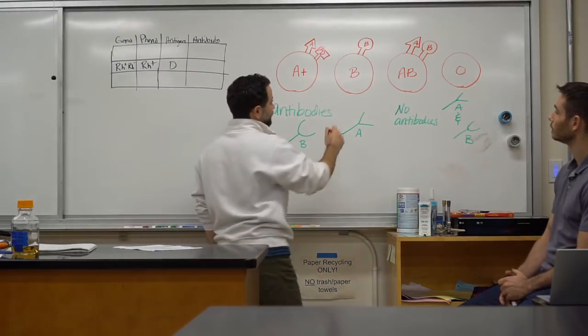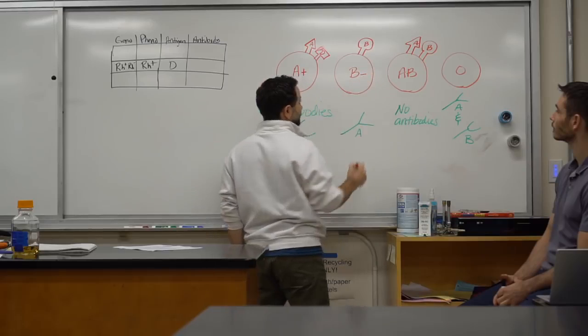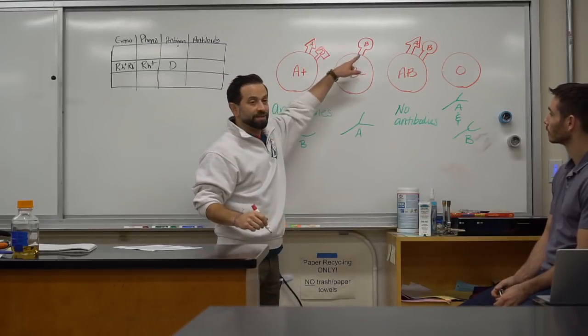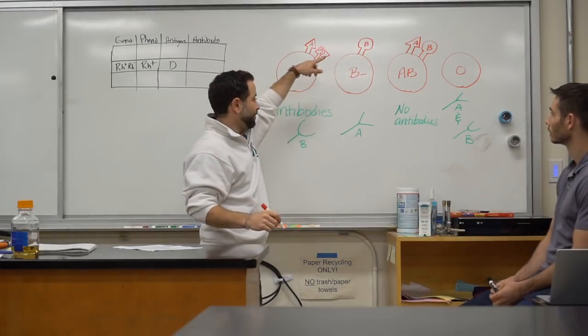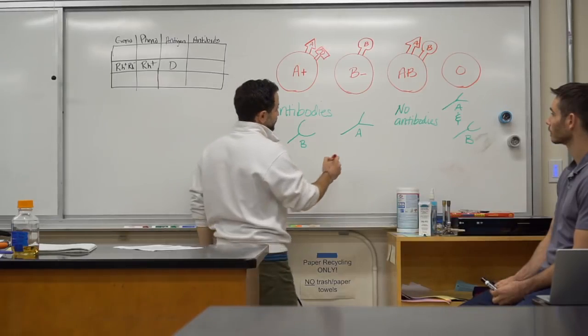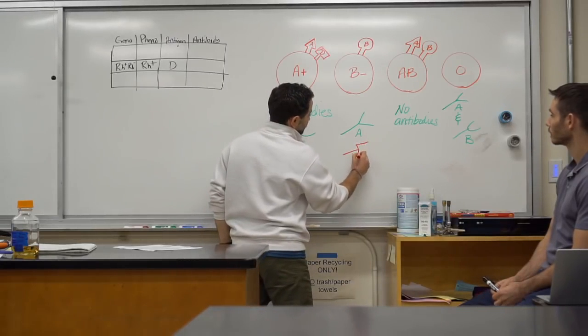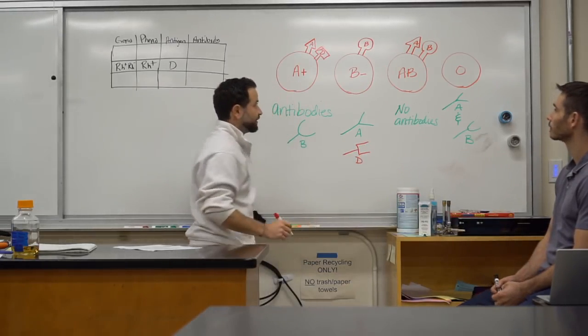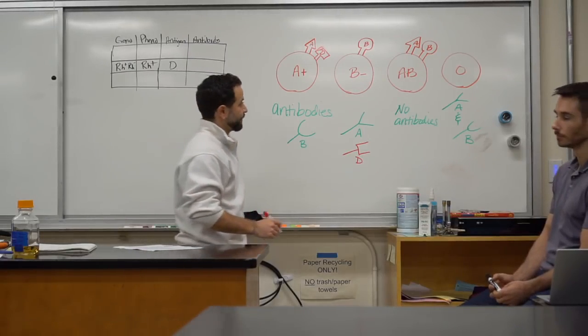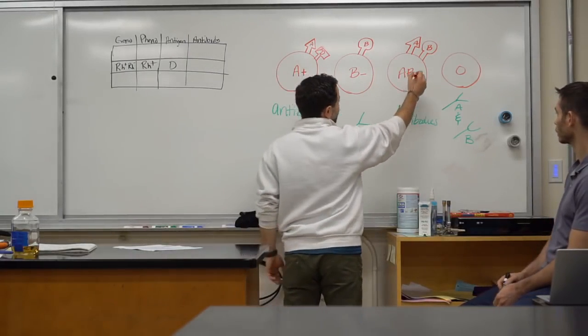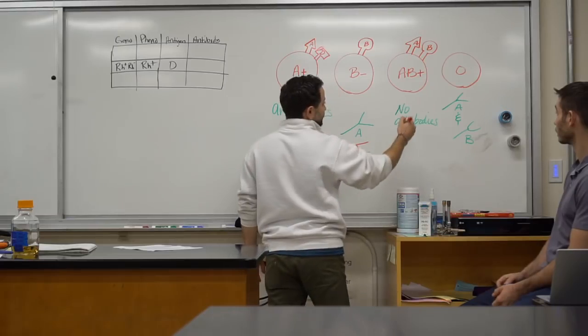Let's say this one is B negative. Is it going to have a D antigen? Nope, it is not. However, it is going to have a D antibody.